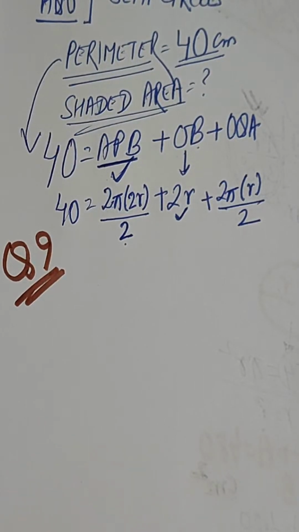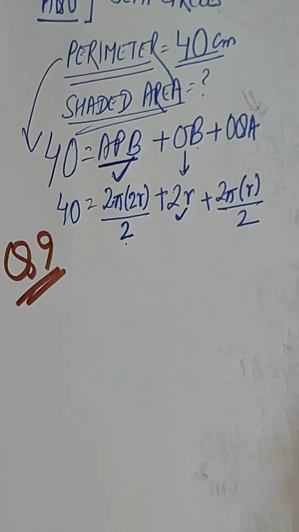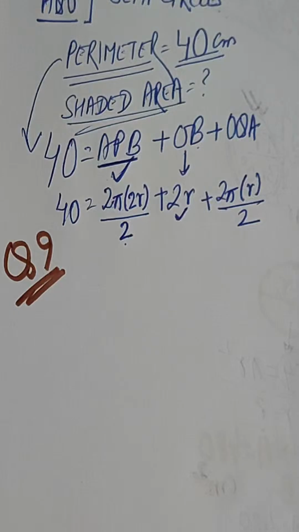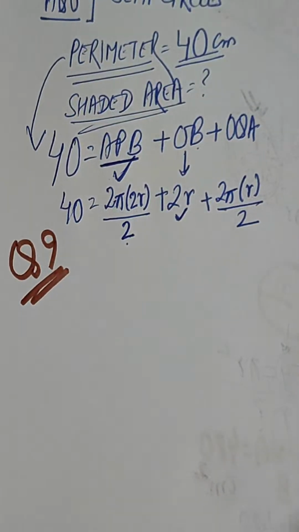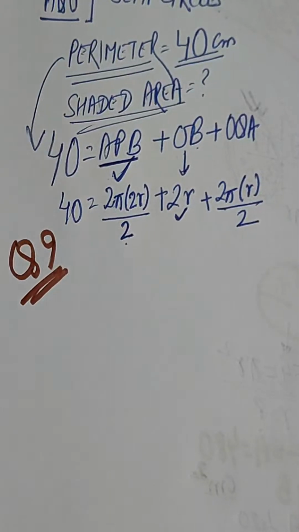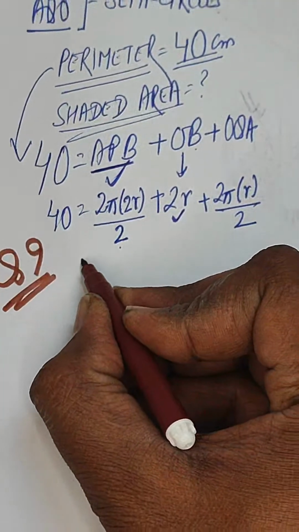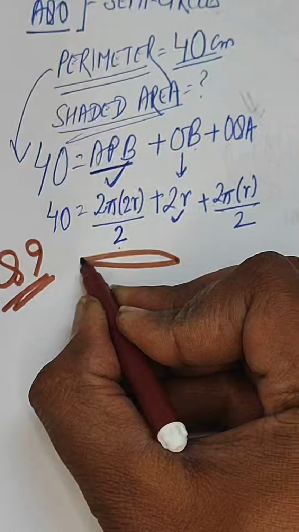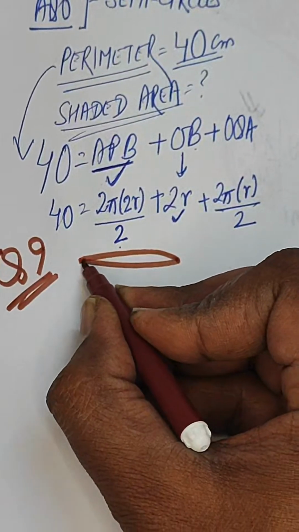A conical vessel is given to you where radius and height are given, and from it the liquid is emptied into a cylindrical vessel. Radius and height are given to you. To what height does the liquid fill in the cylindrical vessel? So that means a conical vessel is given to you.